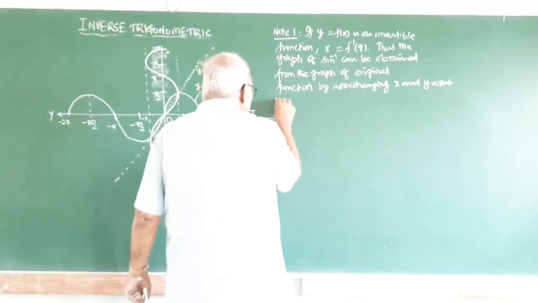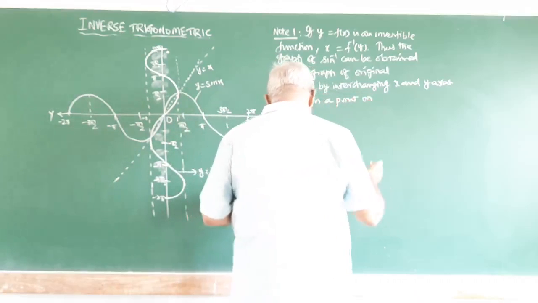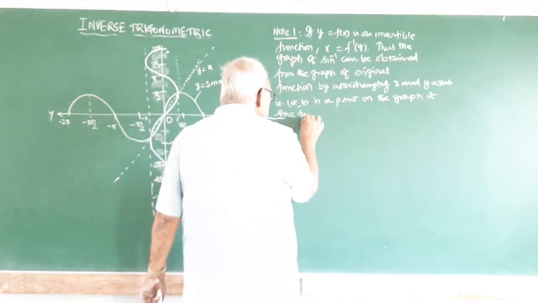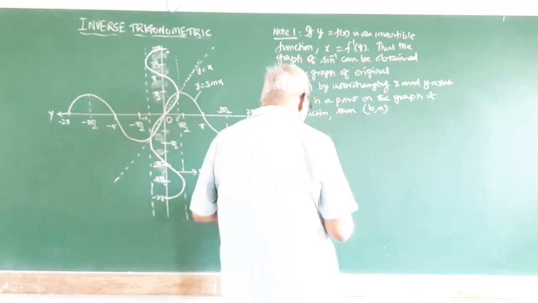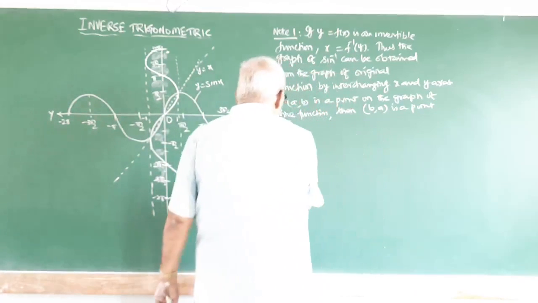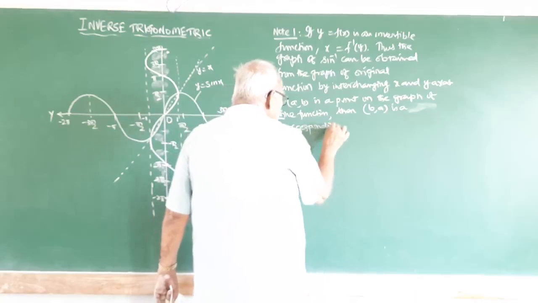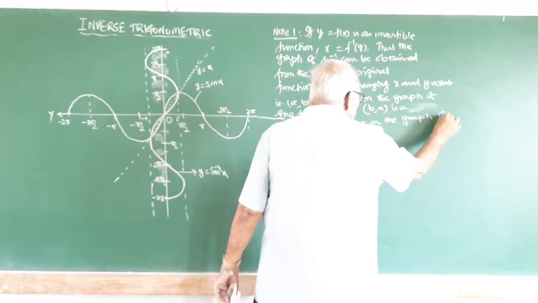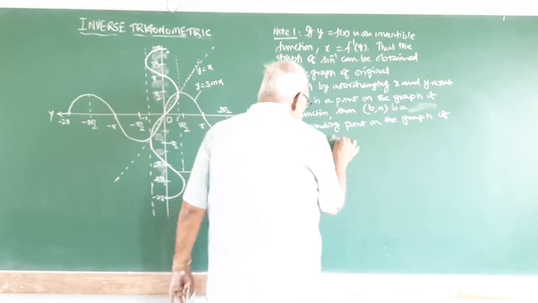That is, if (a, b) is a point on the graph of the sine function, then (b, a) is the corresponding point on the graph of the inverse of the sine function.